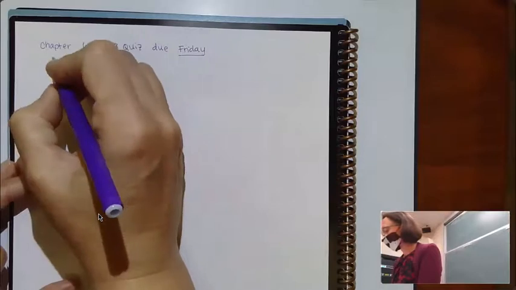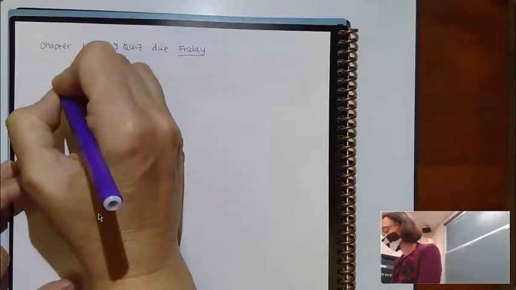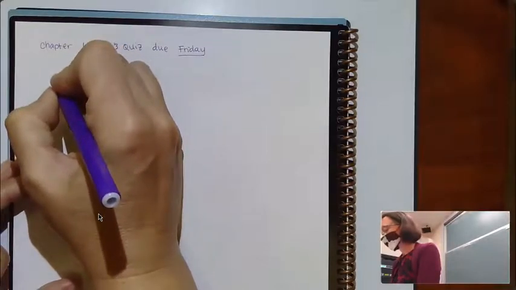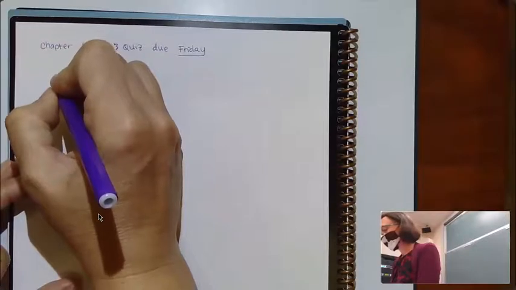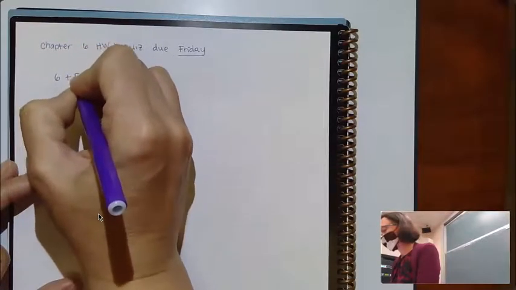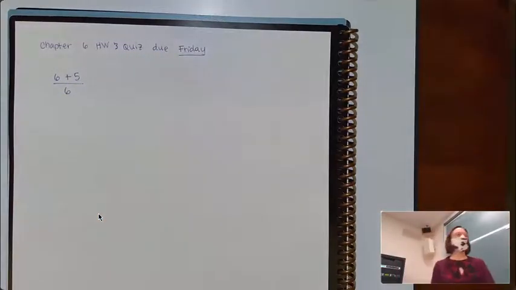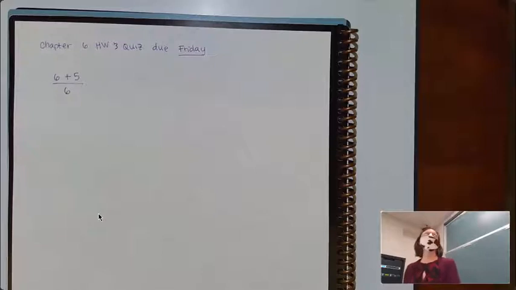So let's say that I had, I'm gonna make this really fairly extreme, 6 plus 5, and I divided that by 6. Tempting, perhaps, to somehow cancel those 6s out.